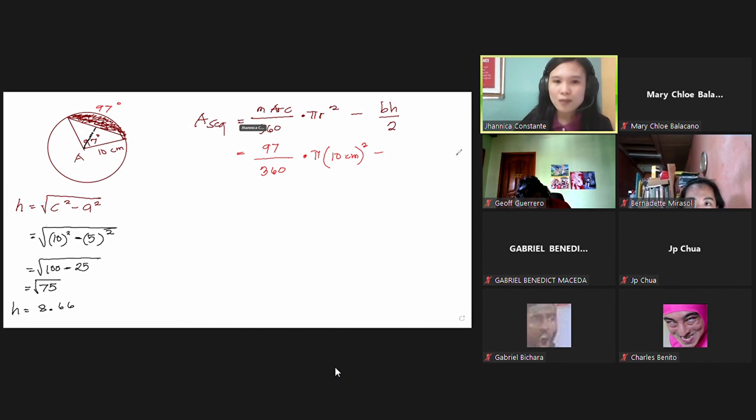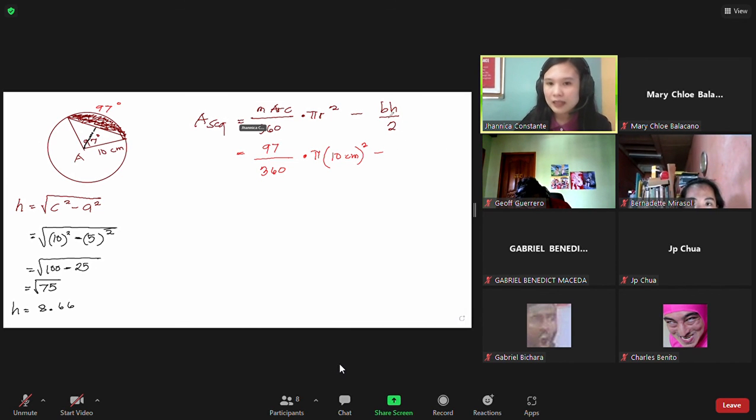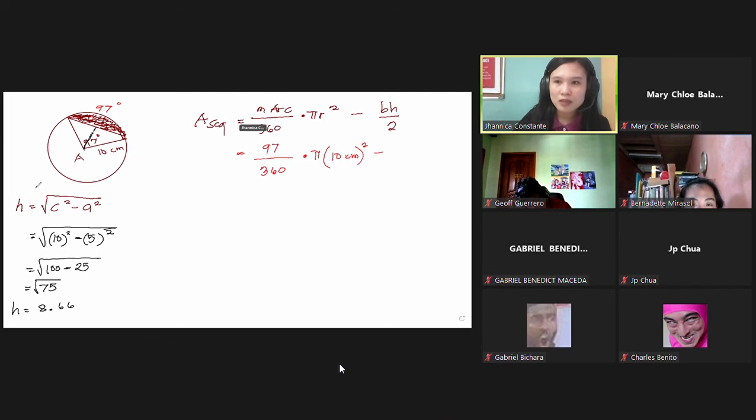Base is the same as your radius. Base is equal to radius. Okay? So our radius measures 10 centimeter, multiplied by the height that we solved a while ago, which is 8.66, divided by 2.